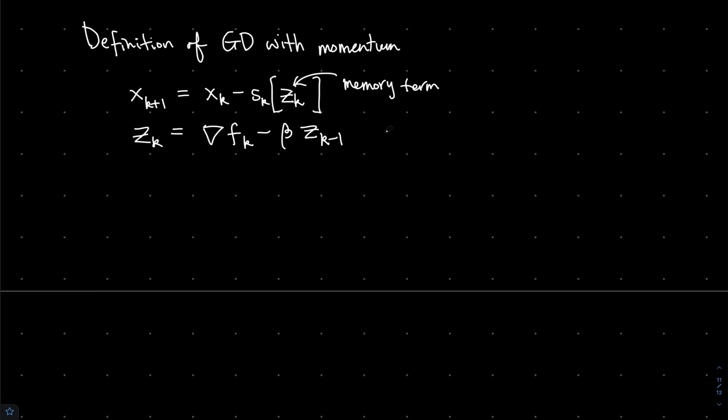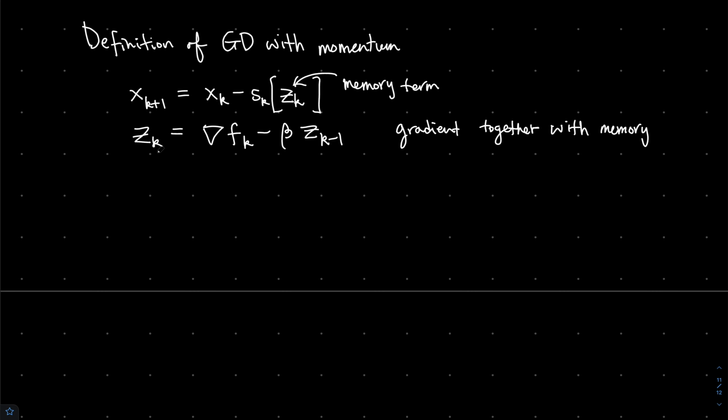So zk is the gradient together with memory. So what would be in the memory? If we start with z0 and there is no prior memory, then we would start from just the gradient.